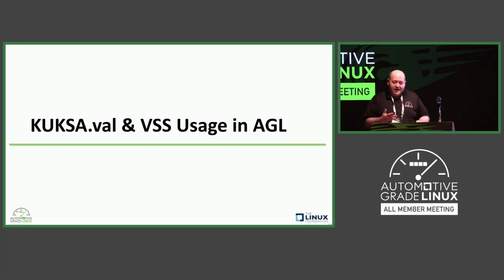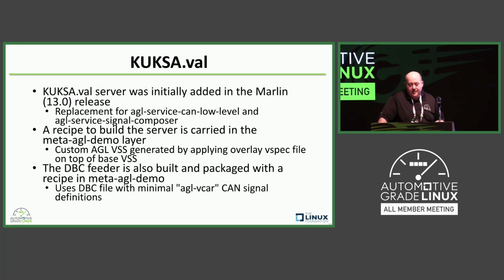So exactly how am I putting all this together in AGL, and what's changed in the last year and a half or so? Originally we added KUKSA.val, the original C++ server, in the Marlin release, last January-ish timeframe. It's a replacement for the old app framework, the AGL service CAN low level, the signal composer.